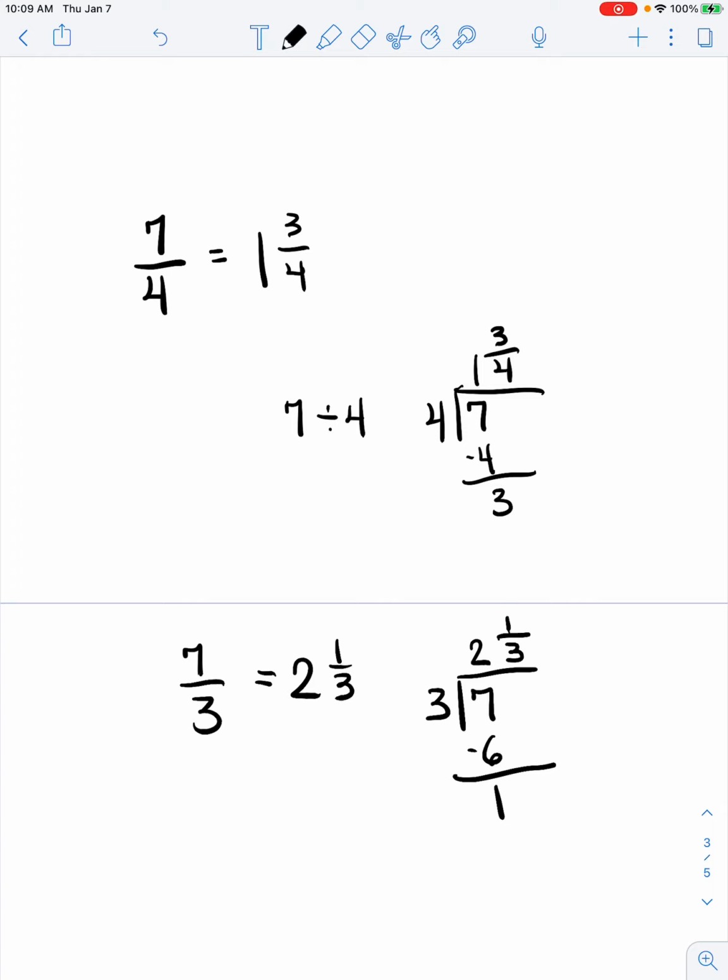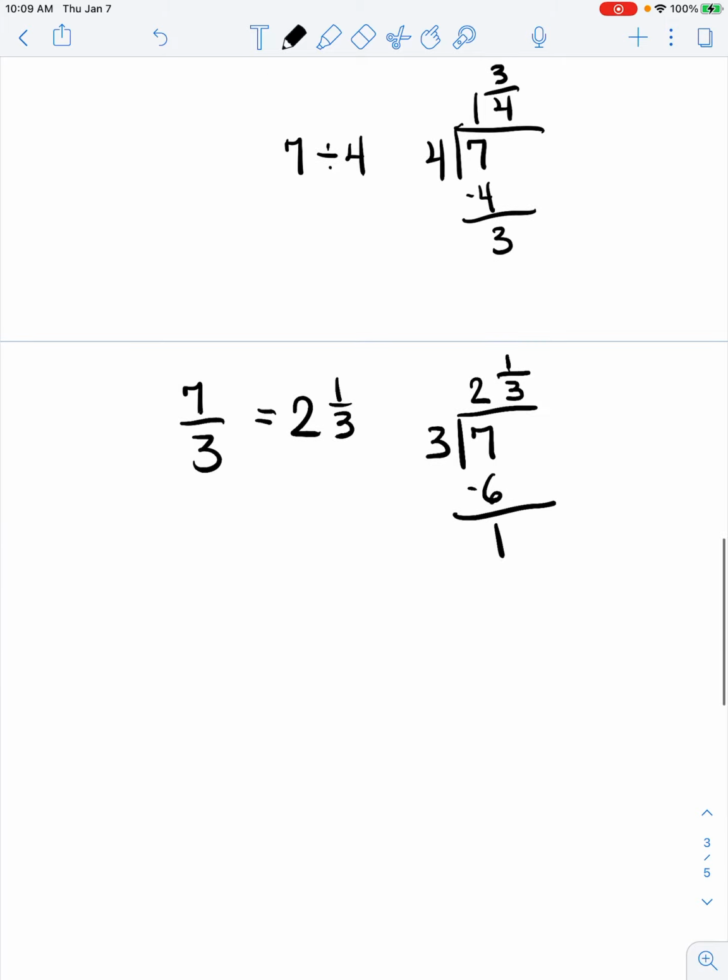So again, if you think about money, if I have 9 quarters in my pocket and I want to know how much money I have, well, I have to do a little math. I have to figure that out.